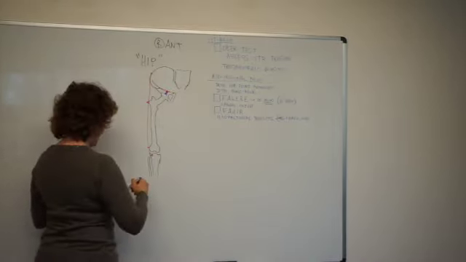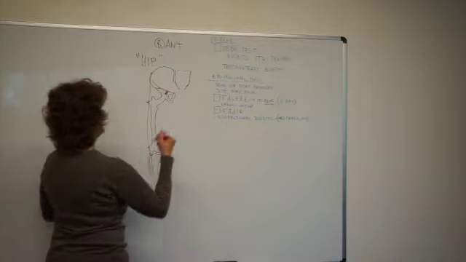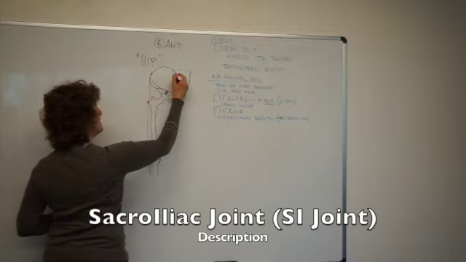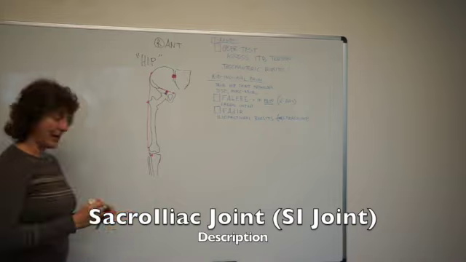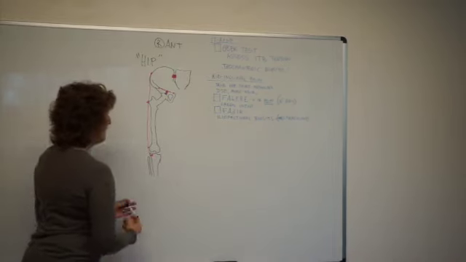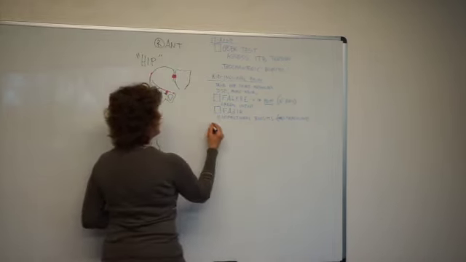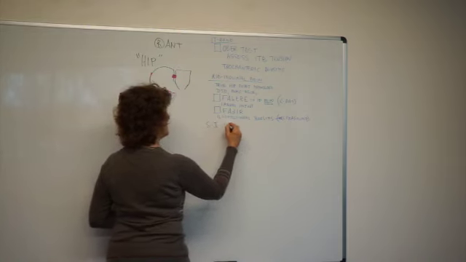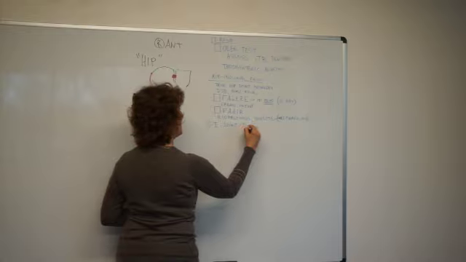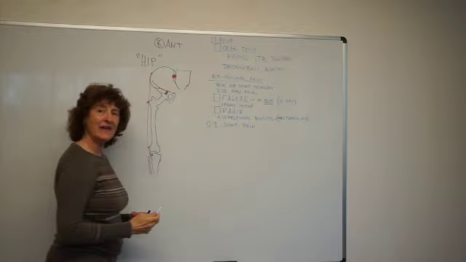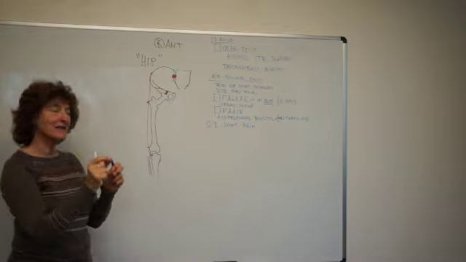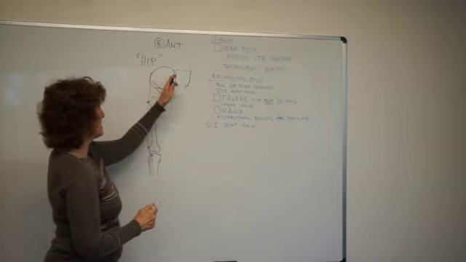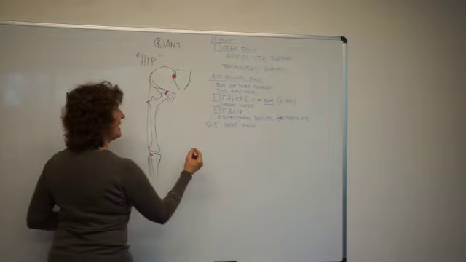Pain localized here. The SI joint is often called hip pain. So, SI joint pain. This is an enthesopathy, often due to the little ligaments that cross this joint or stabilize it.